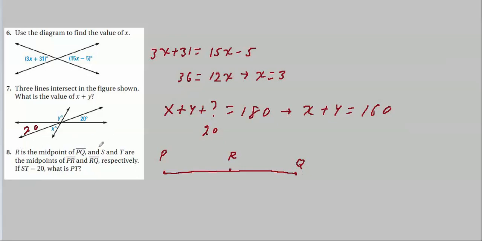If S and T are the midpoints of PR and RQ, respectively. So S is the midpoint of PR. T is the midpoint of RQ. Didn't misinterpret anything here, did I?